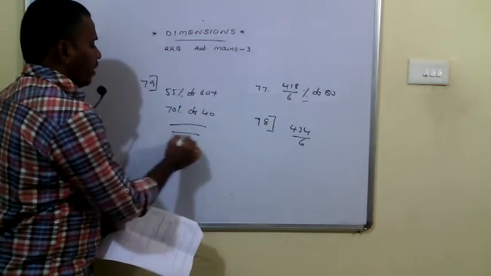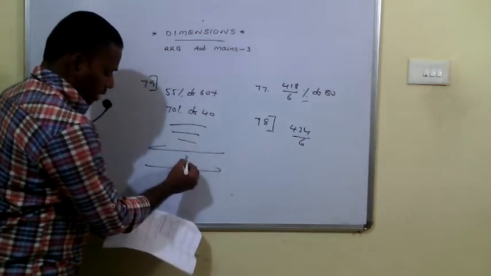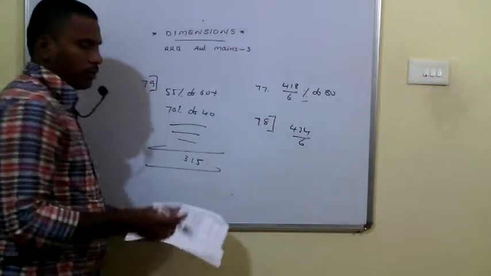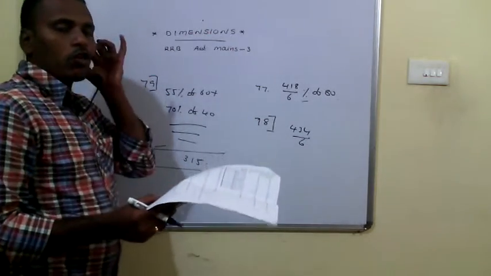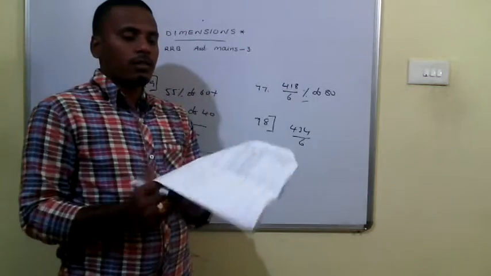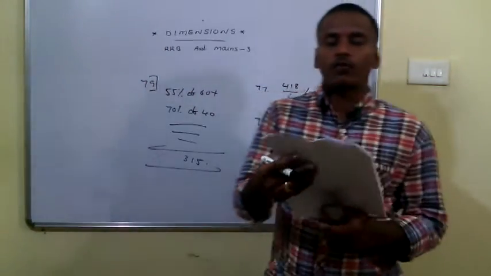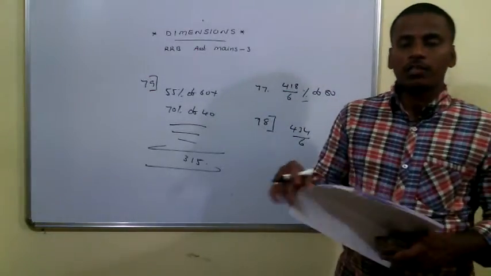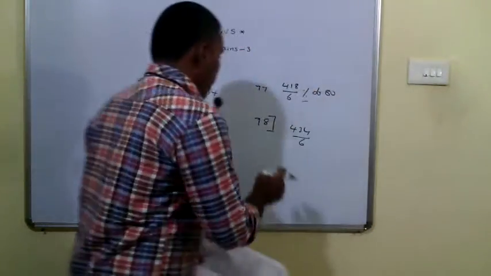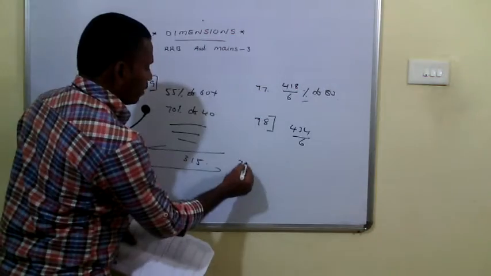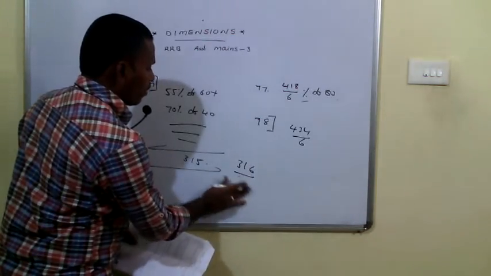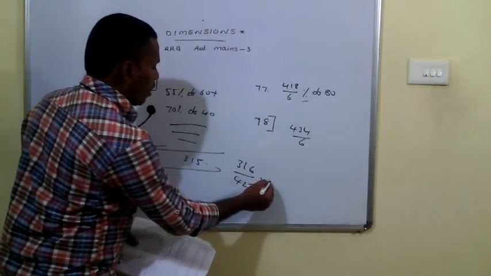Like that, write everything and then add all those values. You will get approximately 315 point something. We need to compare this value with the total maximum marks. The maximum marks means subject A 60, subject B 40, subject C 80, and so on; if you add, the maximum marks of the examination is 425. So we need to compare this value, approximately 316, with 425 to get the overall percentage.